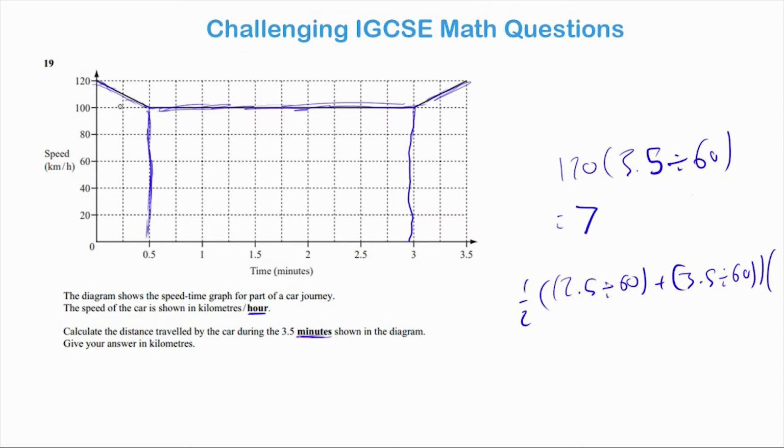The height here is 20, as you can see here, multiplied by 20, and the answer here is 1. So to find the distance traveled, we just subtract 1 from 7. That would give us 6 kilometers, and that's the distance traveled throughout the whole 3.5 minutes.